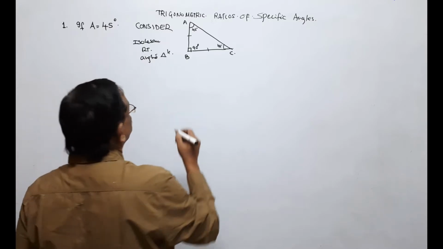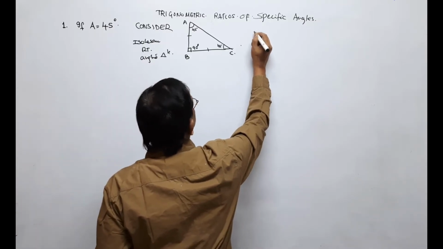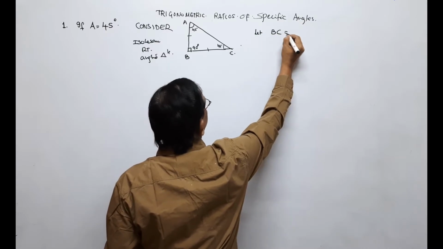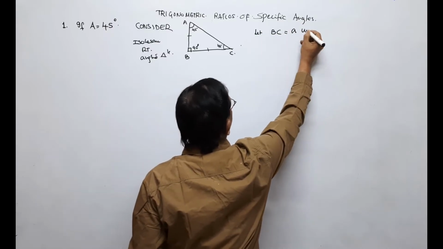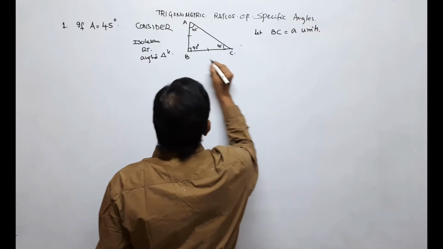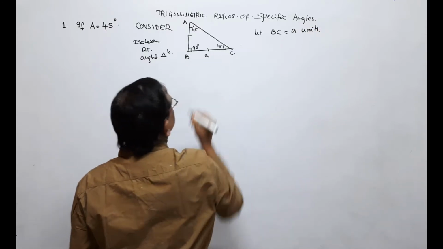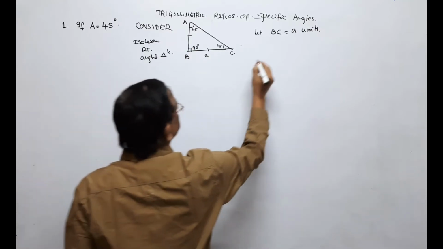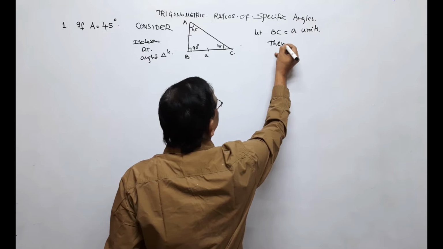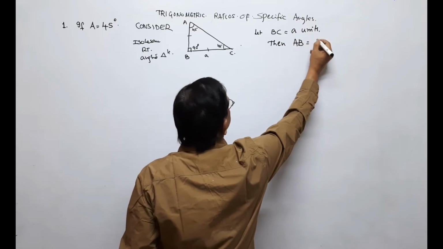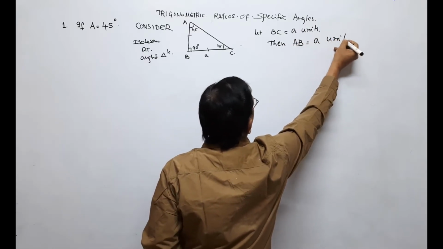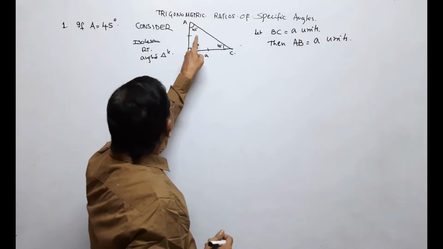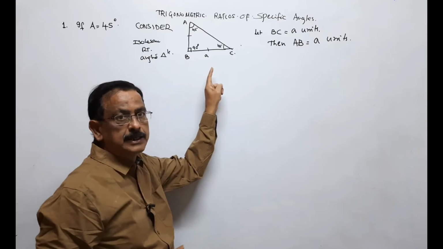Now, for convenience, we'll say let BC be equal to a units. Obviously, since BC is the same as AB, AB should be a units, because it is an isosceles right-angled triangle.